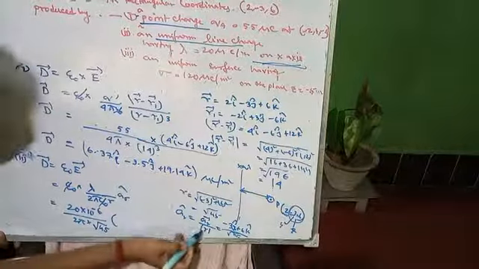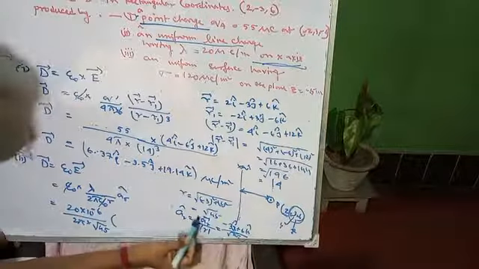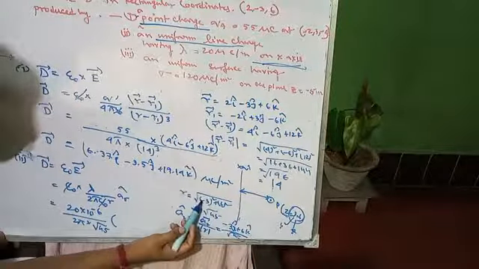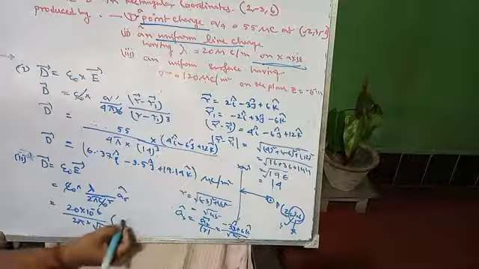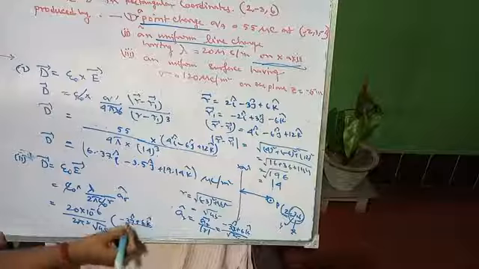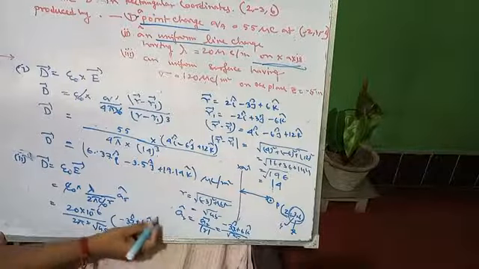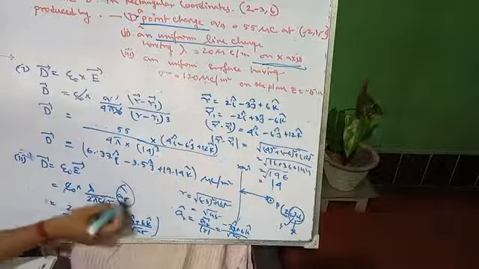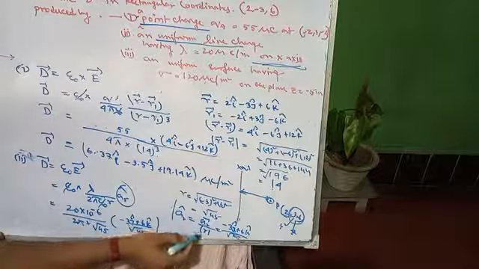So the modulus of r equals root over 45, and the a_r vector is minus 3 j cap plus 6 k cap. So you have to put minus 3 j cap plus 6 k cap by root over of 45 as your unit vector, because unit vector equals vector by modulus of it.